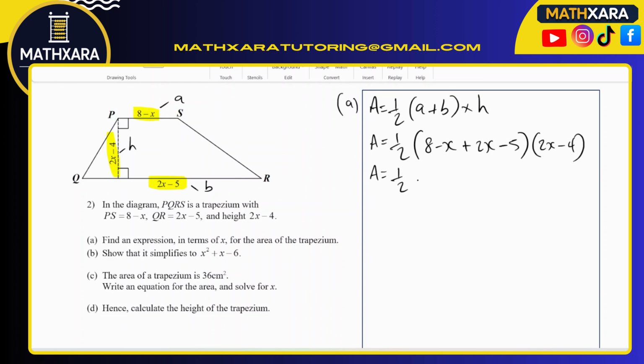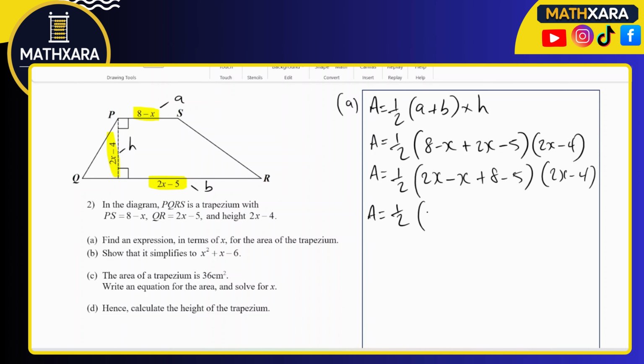Let us simplify this by grouping our like terms. We'll take 2x with the negative x and the 8 with minus 5, and we'll keep the 2x minus 4 at the end. 2x minus x, that's x, plus 3, and that's 2x minus 4.